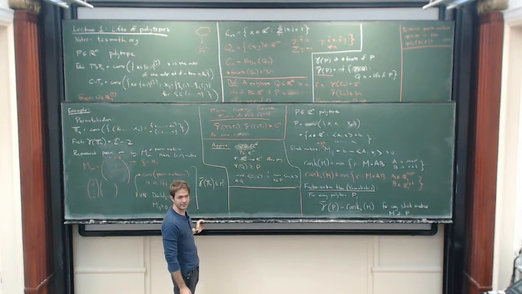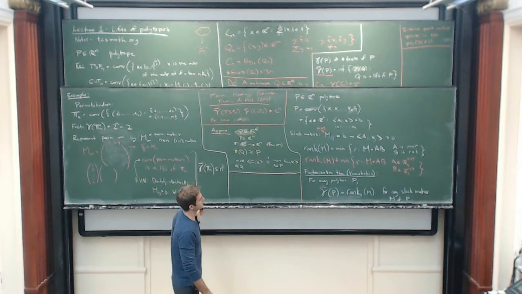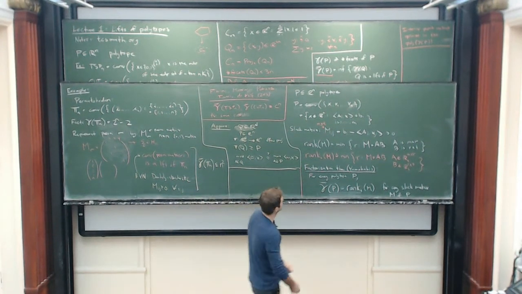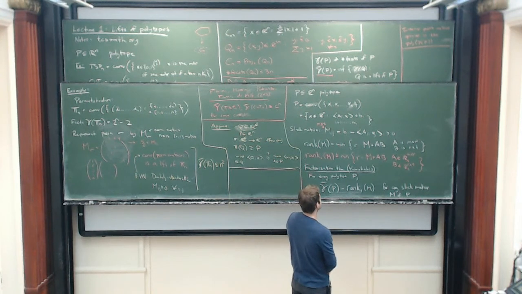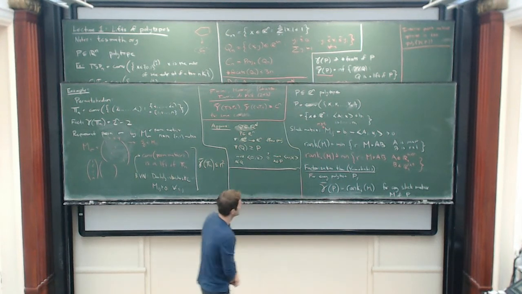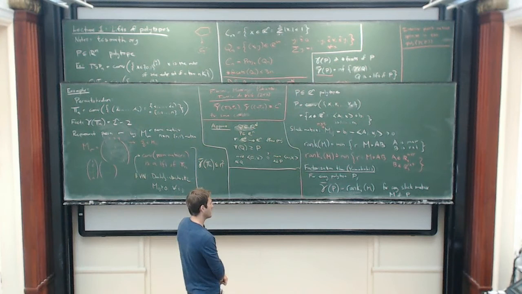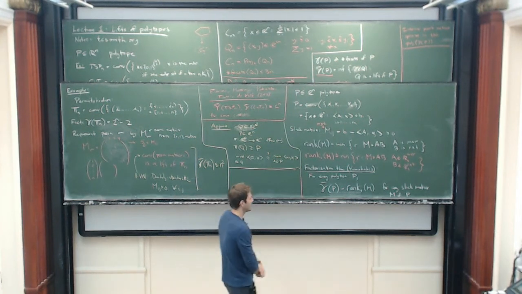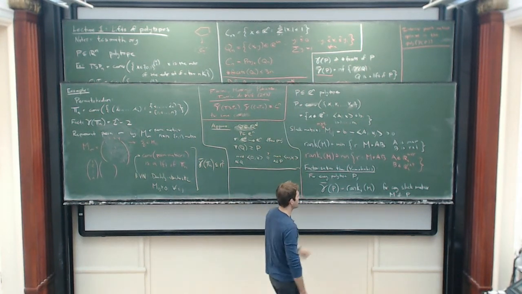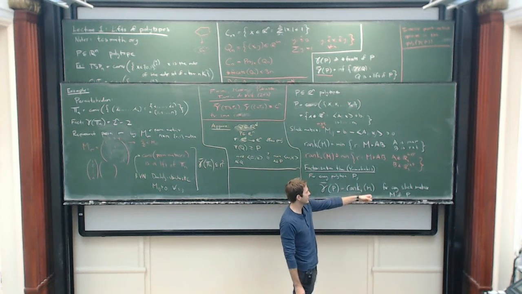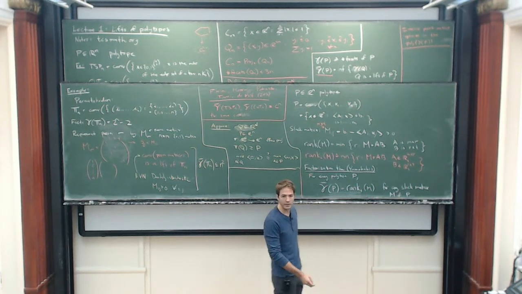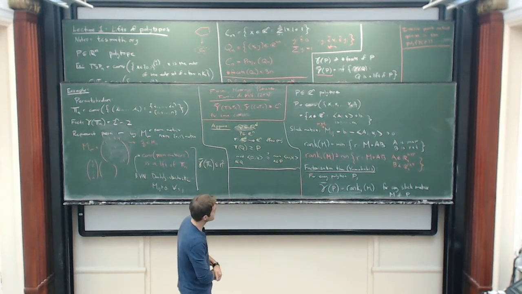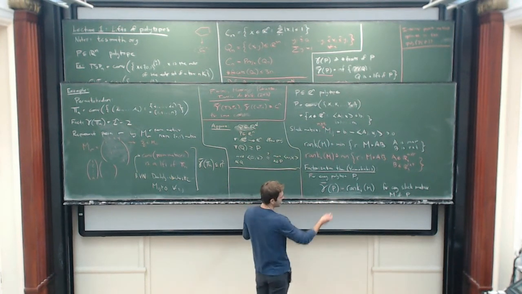Does the statement make sense? It's a nice statement. Why? Okay, so one of the exercises which I will suggest at the end of the day is to prove that for any two slack matrices of a polytope, they have the same non-negative rank. And if you do that exercise, then basically you see the proof of this.